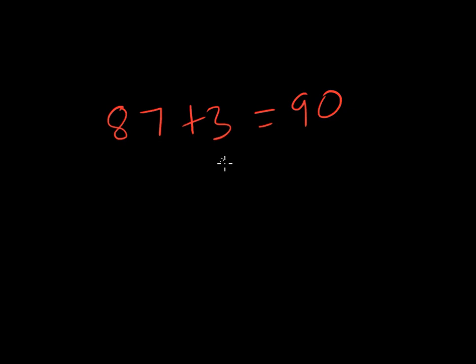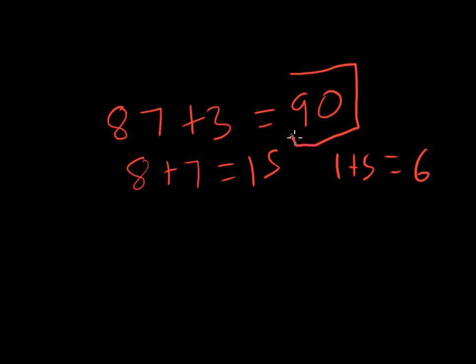But that's not the way that we're going to approach this here. We want to see this trick here. 8 plus 7 equals 15. 1 plus 5 equals 6, and it is divisible by 3. And clearly it's 1 less than 30, so it's 29 times 3.